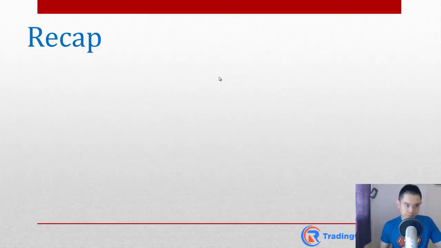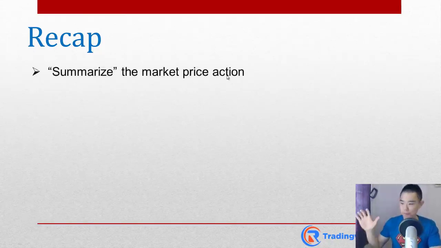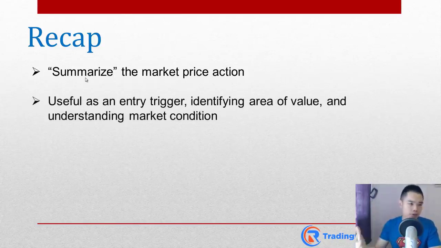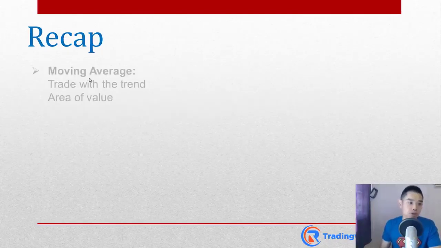Okay, so quick recap. We have talked about indicators in this section. Number one, indicators pretty much summarize the market price action by applying a formula to the historical data. They can be used as an entry trigger, identifying an area of value, and even to help you understand the market condition. So we talked about moving average.